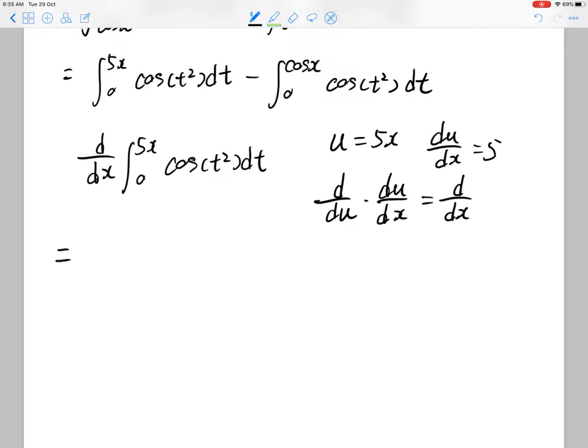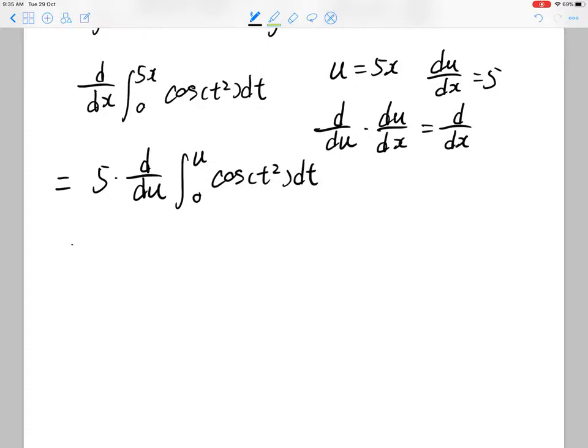So this part is 5 times d over du of the integration from 0 to u of cosine t squared dt. So this part is 5 cosine u squared. Since u is 5x, it's 5 cosine 25x squared.